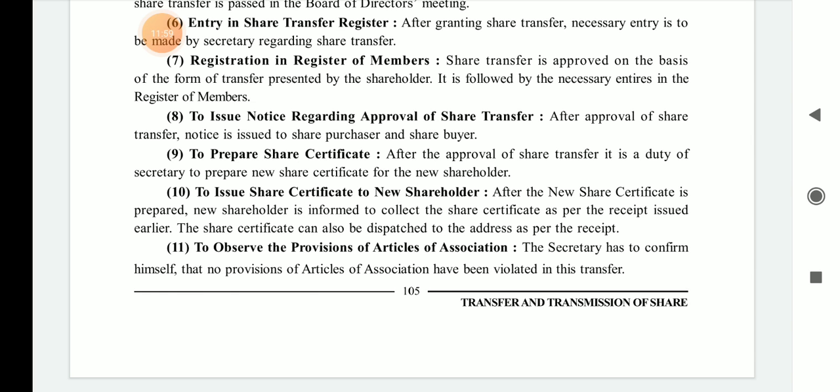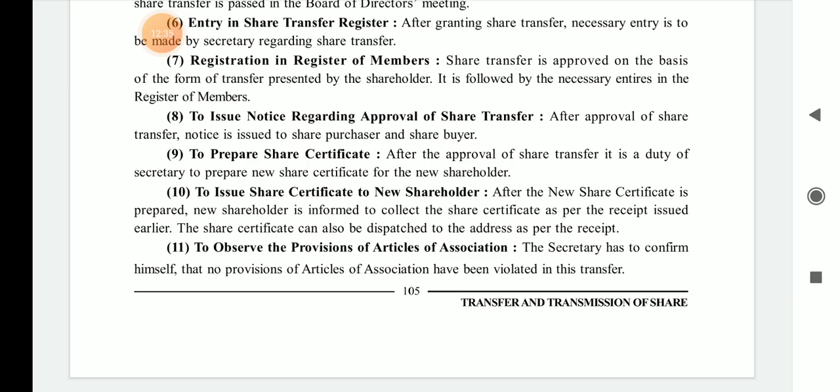Next one is to observe the provision of the articles of association. The secretary has to confirm himself that no provision of the articles of association has been violated in this transfer. See, it is very necessary that they compulsorily give a legal notice that they have not violated a single rule or regulation in the transfer procedure, and also that they seriously observe the articles of association and its provisions.